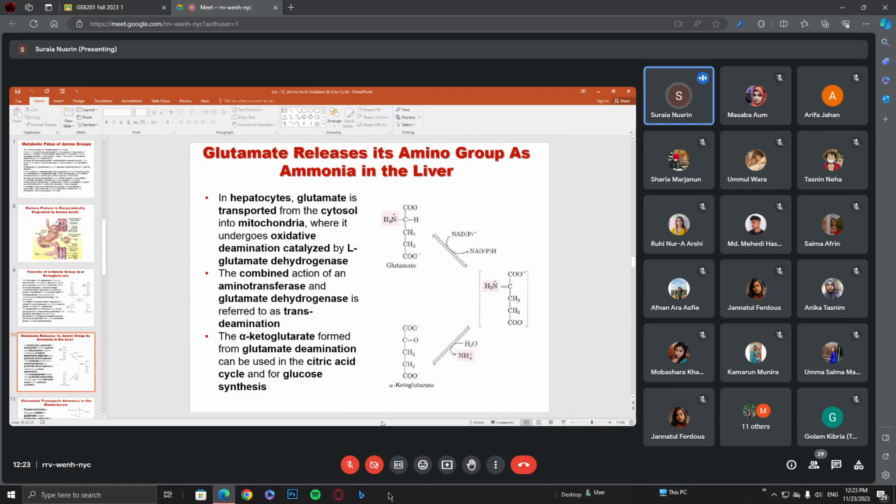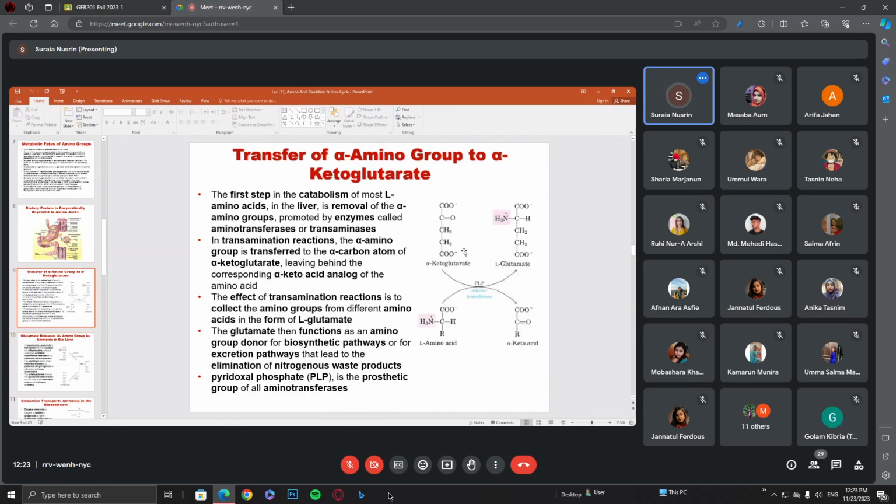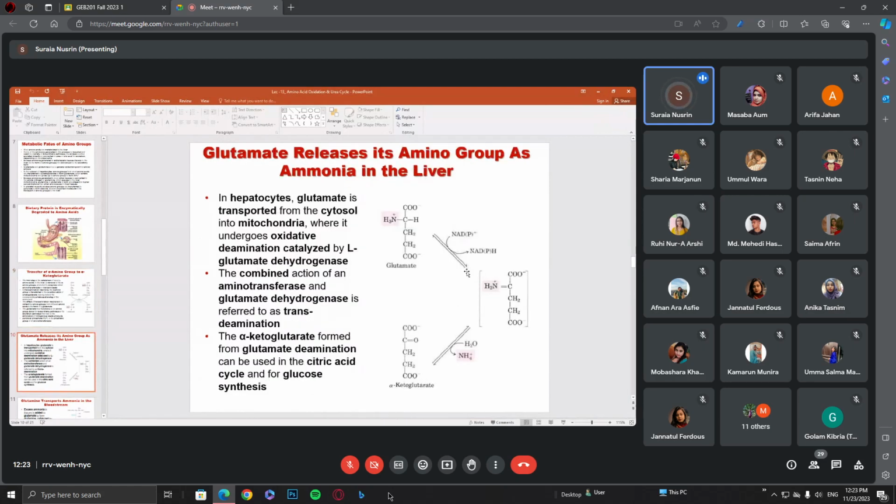If you go back, alpha ketoglutarate accepts the amino group and becomes glutamate. And the next step, by glutamate dehydrogenase, the reaction is oxidative deamination, where the glutamate releases the amino group and becomes alpha ketoglutarate.